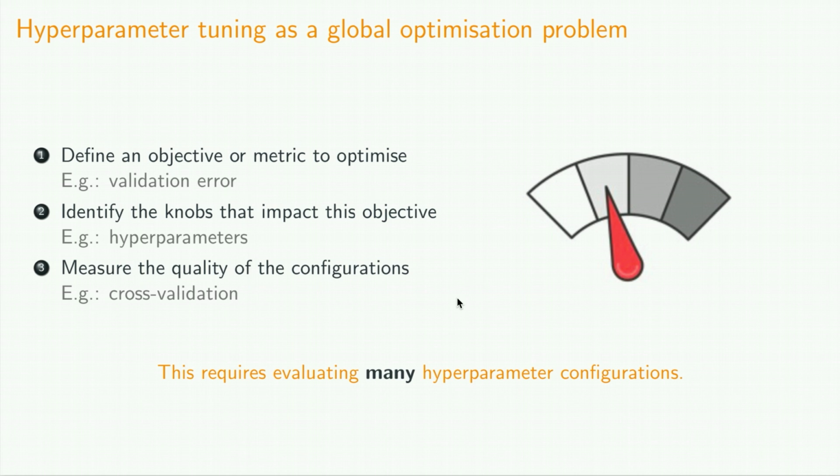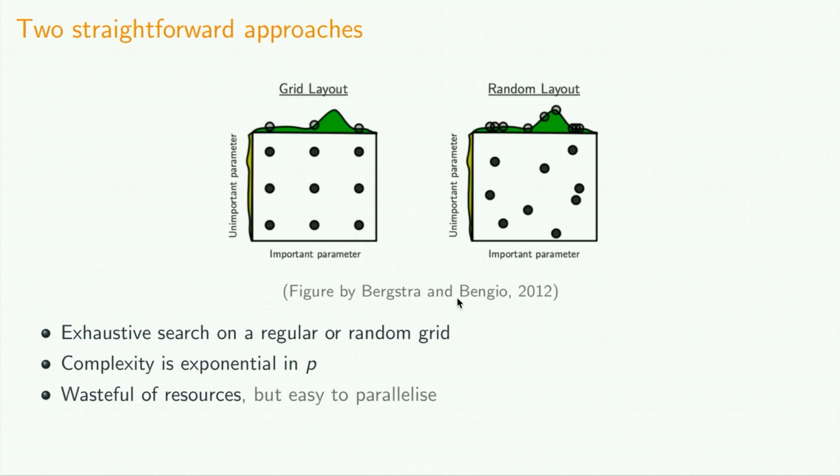So when you look at hyperparameter and architecture tuning, well, it is a global optimization problem that requires evaluating many hyperparameter configurations. And this can be very time consuming, especially because this is done through experimentation and relies otherwise on prior experience of the practitioner. So there are a couple of straightforward approaches to tackle the problem, which have been used for years.